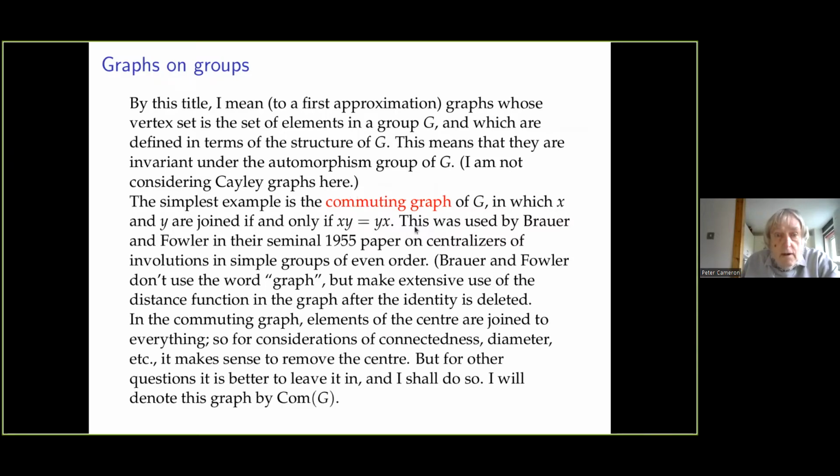Okay, so the reason for that is that, of course, the identity and more generally elements in the center of the group are joined to everything. So if you're interested in connectedness, diameter, and questions like that, those questions all become trivial if you allow elements of the center in your graph, because you can get from anywhere to anywhere else in 2 steps by just going into the center.